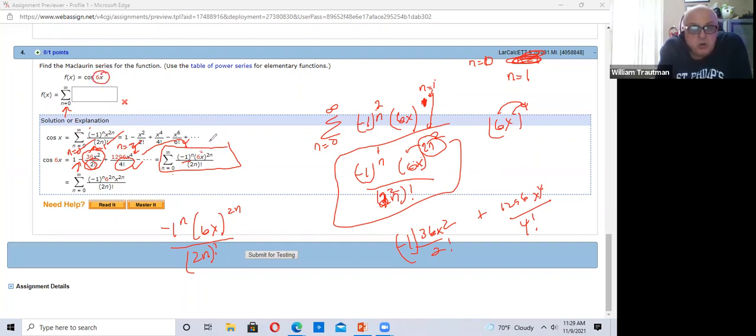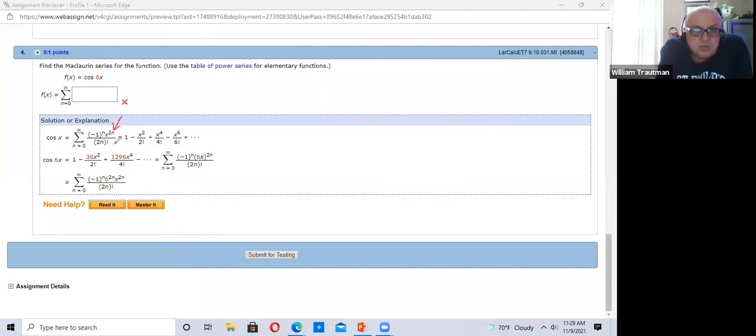And you can even go back, and if you look at the cosine, see, this helps out a lot. Look at the cosine. They're using the 2n here. So nothing really changed a lot other than the x. We're putting 6x in there. So the pattern is there from our easy list.